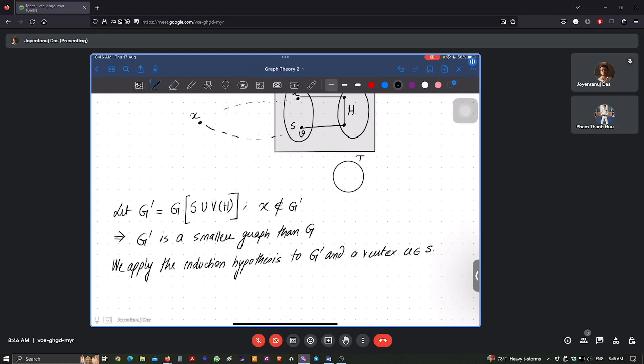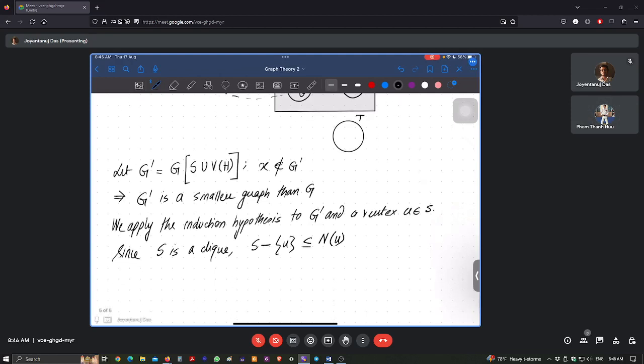Now since S is a clique, we have that S minus u is a subset of the neighbor of u, right? Because u is adjacent to all vertices in S, right? So other than u, all the elements of S belong to the neighbor of u, right?